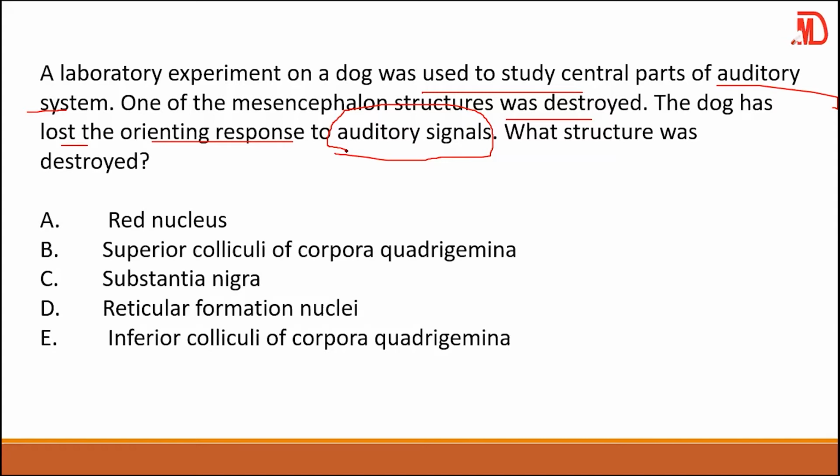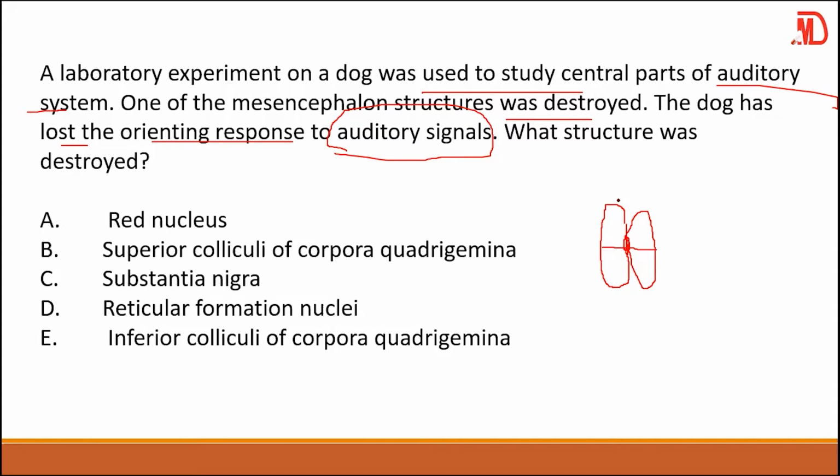These are found inside the brain, and they are made up of two things. Let me draw it for you here. This is your quadrigeminal body. The whole of this is your quadrigeminal body.